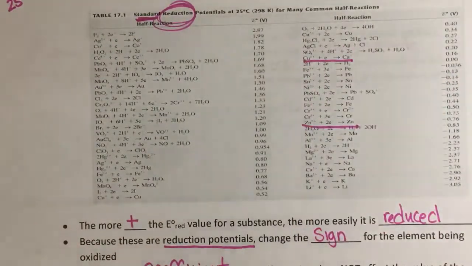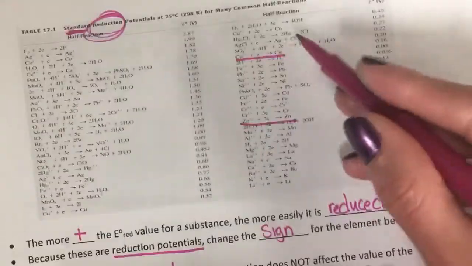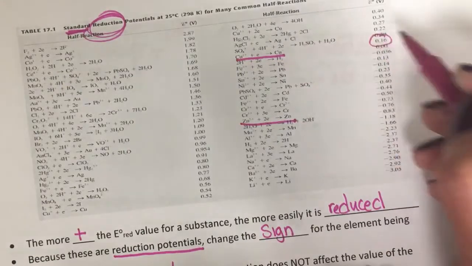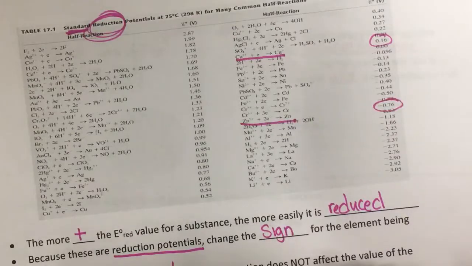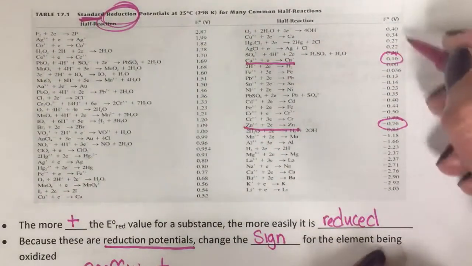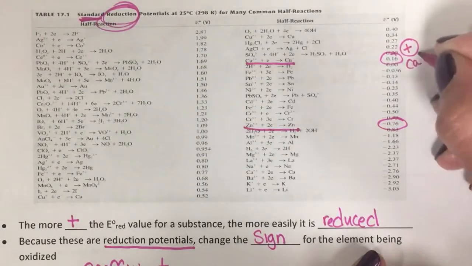Copper, okay? Now, if I look at this, copper is 0.16, zinc is negative 0.76. Because copper has 0.16, it is more positive. It is going to be my cathode.